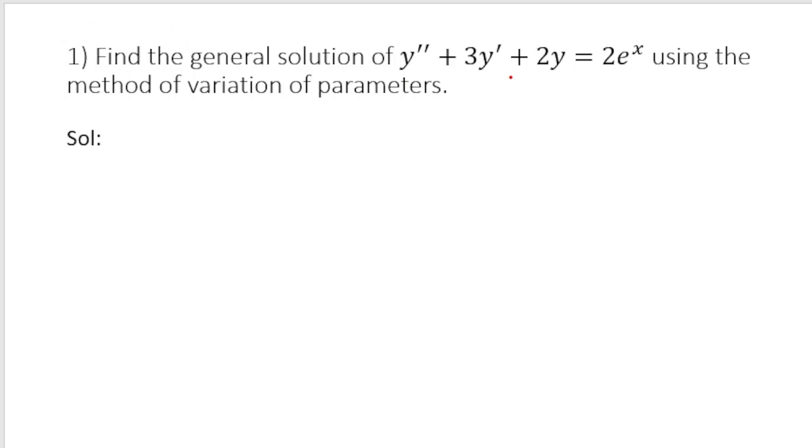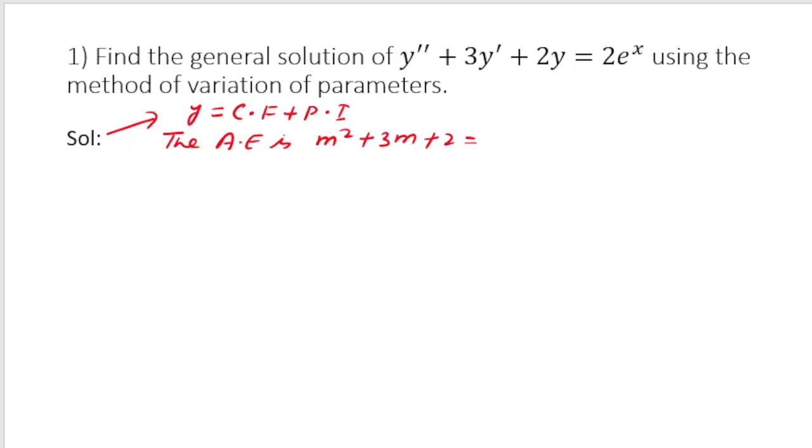They are asking to find the general solution. As we know, the solution is written as y is equal to complementary function plus particular integral. To find the complementary function, we first write the auxiliary equation. The auxiliary equation is m square plus 3m plus 2 is equal to 0, and we need to find the roots.